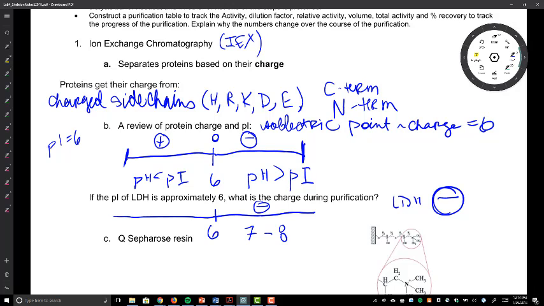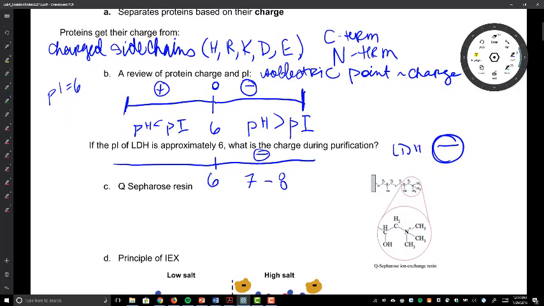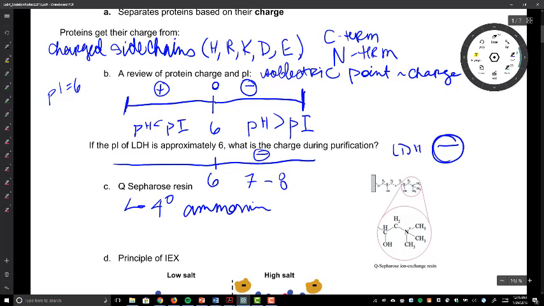And so for this reason, we're going to want to use a type of ion exchange chromatography to which an anionic protein is going to stick. The resin that we use is called a Q-Sepharose resin, and this is a quaternary ammonium resin. It's a very strong anion exchanger.